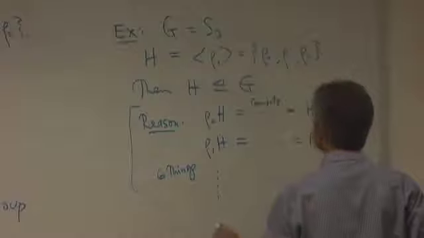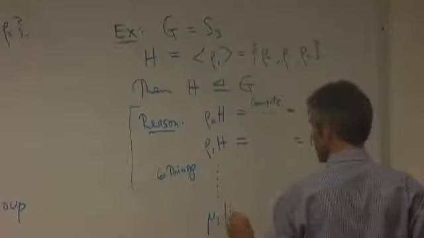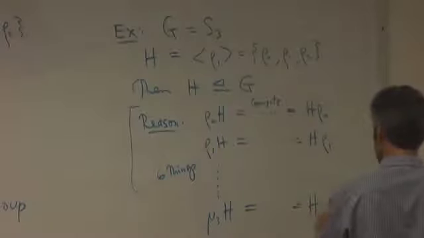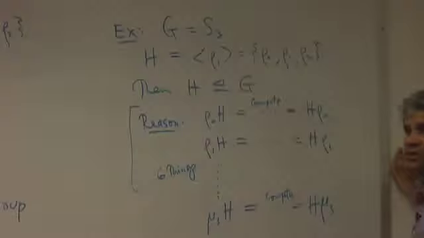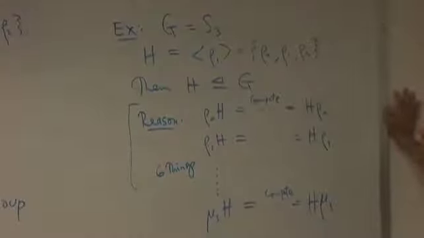The last one will be what? Mu 3 H or something like that, equals H mu 3. Compute. I'm leaving out lots of admittedly tedious computations, but it's stuff that's at the same level of the stuff that you did in problems 6, 7, 9, and 10 in section 10 for the homework that just came back. And they all turn out to be the same. So here's another example of a normal subgroup sitting inside a group that's not abelian.